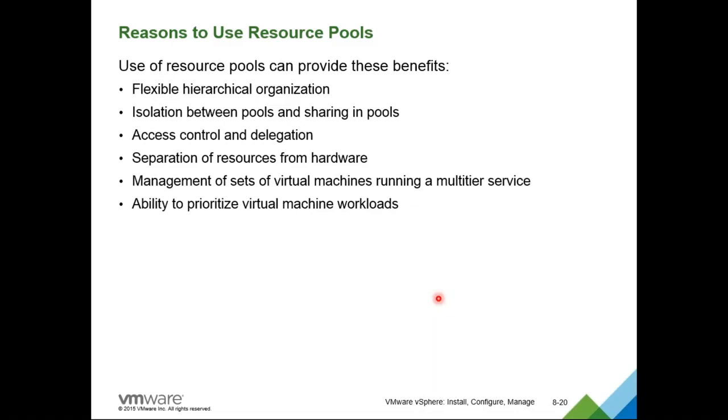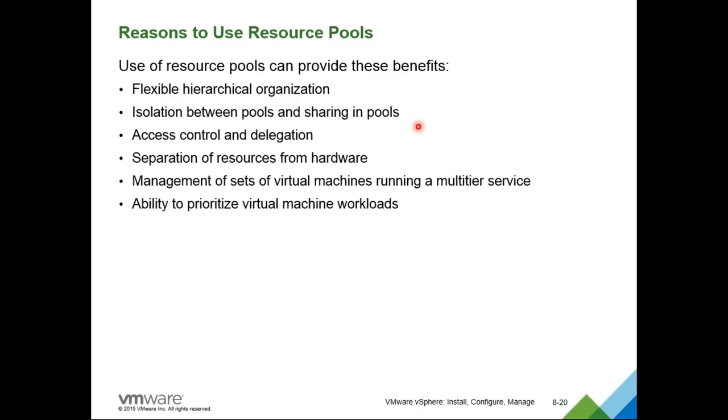And that is also in a proper flexible hierarchy manner. We are allocating resource to your virtual machines using your resource pool mechanism. Isolation between pools and sharing in pools, in the sense that you can create multiple pools and you can utilize 100% of resource.